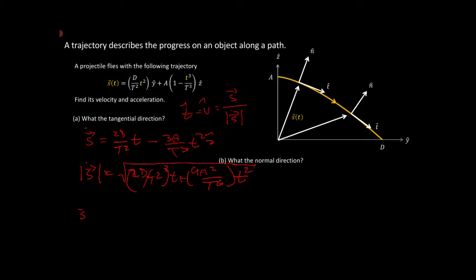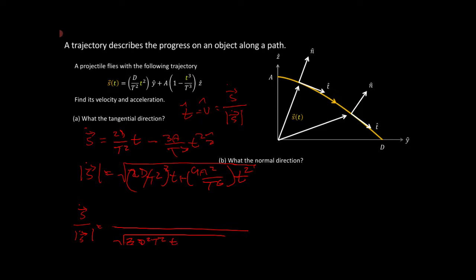Okay, so we have S dot over the magnitude of S dot. Let's see, what do we do here? We can pull out the t to the sixth here so that we have in the denominator the square root of 2d squared t squared.